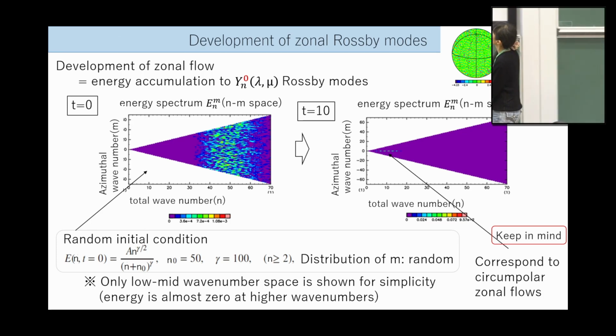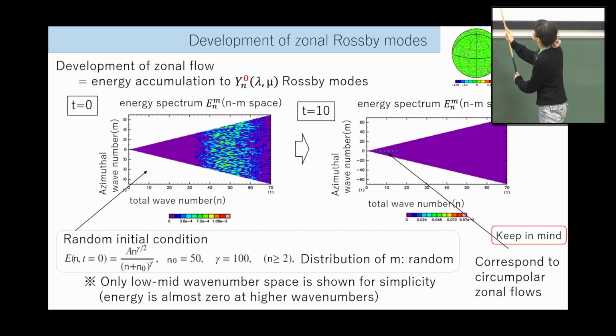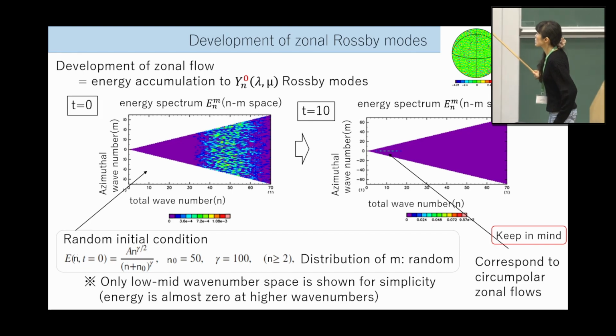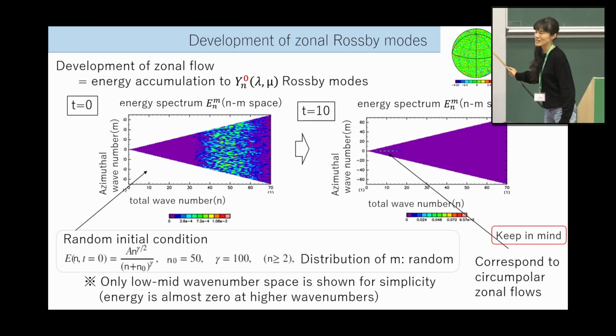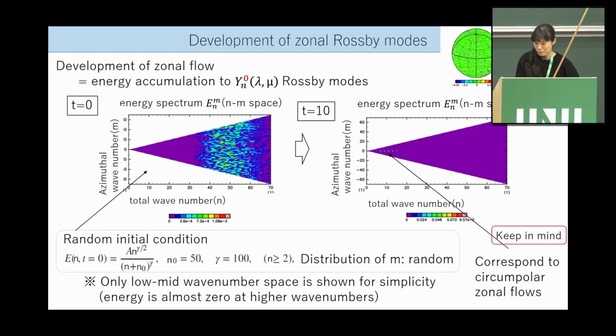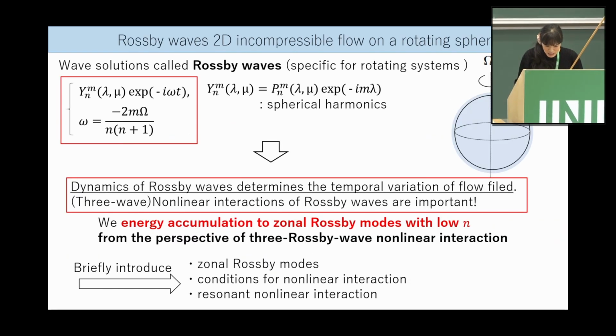And we see that energy is accumulated to the m equals 0 modes, the zonal Rossby modes. This energy distribution corresponds to the circumpolar large-scale westward zonal flows. Please keep this in mind for a while.